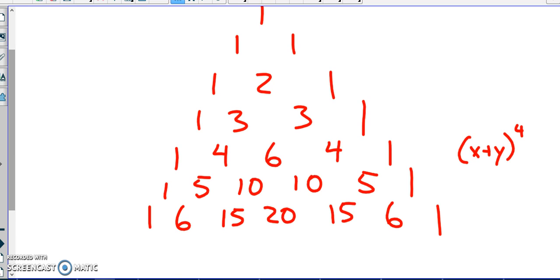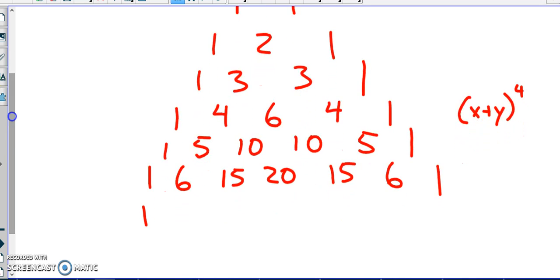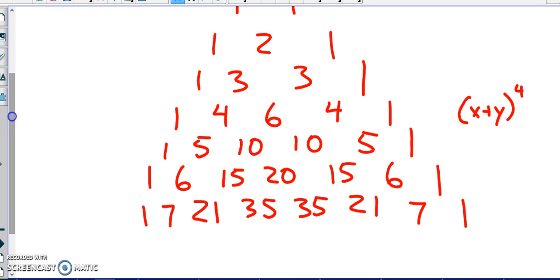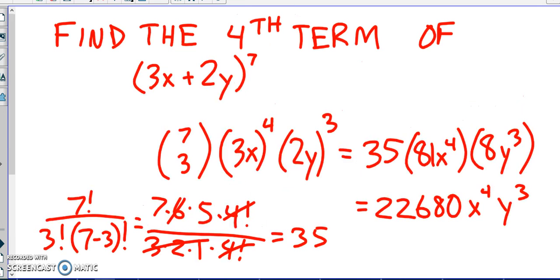So for instance, if we look at the last one I did, this would have been 1, 7, 21, 35, 35, 21, 7, 1. And then the fourth one would have been that one right there. So that would have been the fourth binomial coefficient, which we calculated on this page right here.